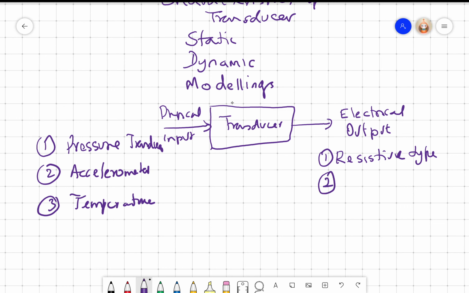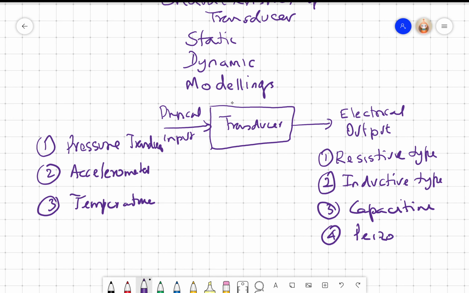Similarly, I can look at all transducers that use an induction method for transduction, or capacitive, right, or piezoelectric, right. So we can look at and learn about transducers either from the input side or from the electrical output side.